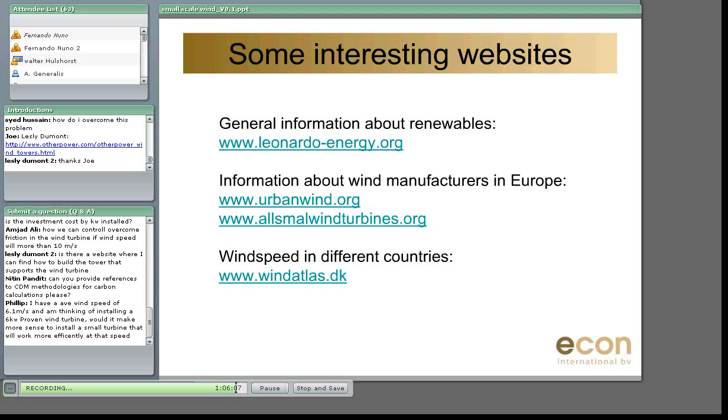And it could also be interesting to use a small wind turbine if at 6.1 meters per second your smaller wind turbine already has the rated power, while the other one, the 6 kilowatt, for instance, doesn't have the rated power at that location at that speed. So it could make sense. You have to compare both of the power curves and also your wind distribution to get that answer.